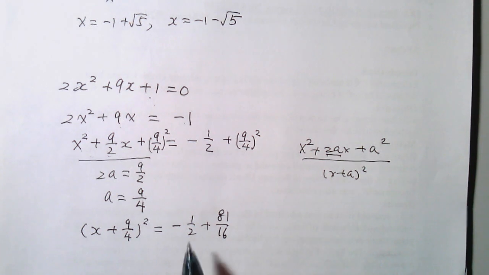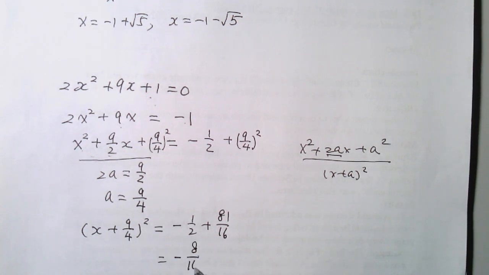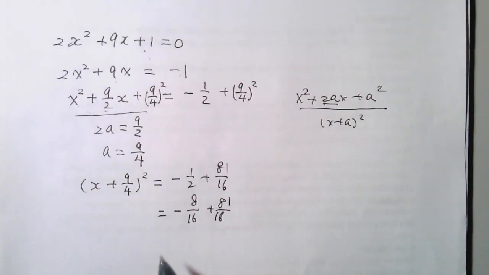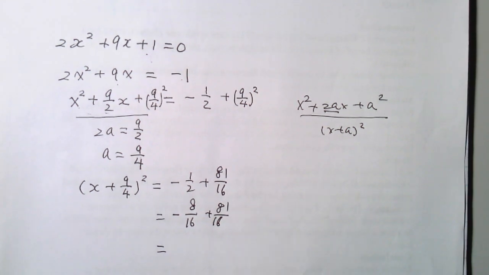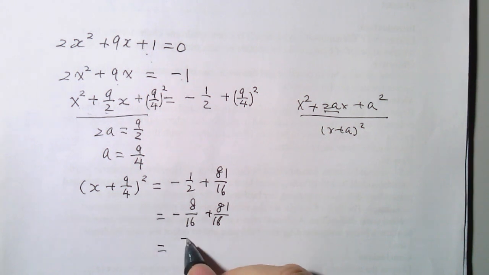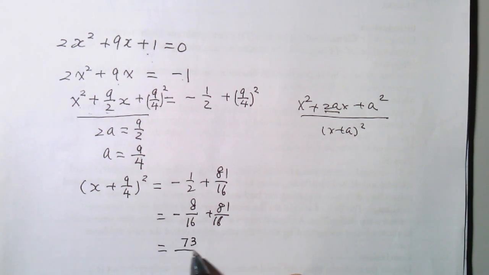Okay, so here we go ahead and combine these two together. So 1 half is 8/16 plus 81/16. And that equals, okay, 81 minus 8, which is 73, divided by 16.